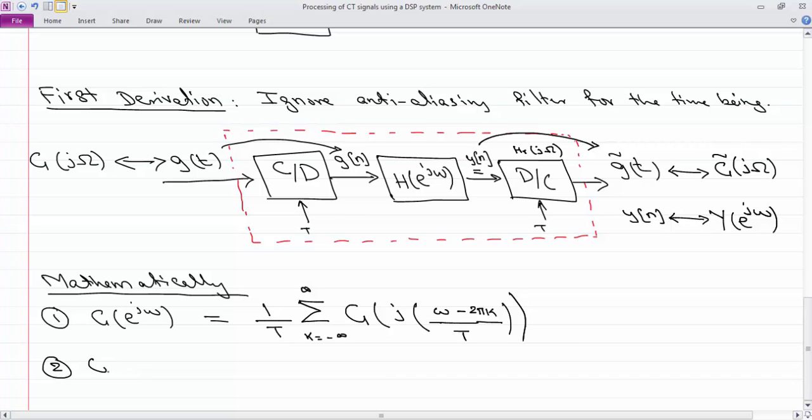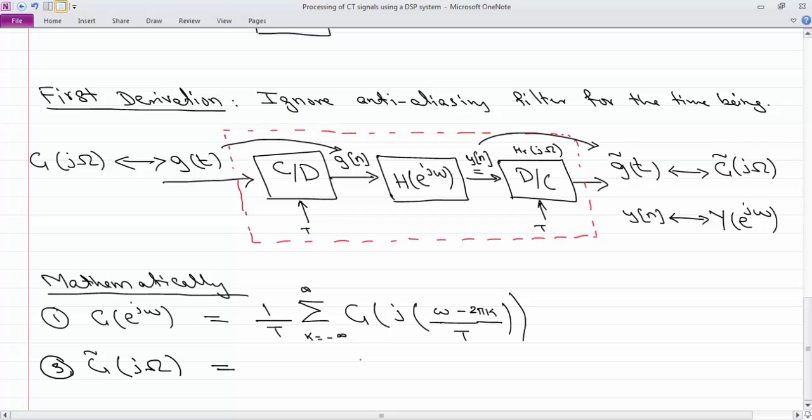So the output frequencies, and let me call this 3 because this is the third block, but we are doing it because we already know the answer to this part. G tilde of j omega is related to, the first thing, a scaling of the frequency axis, but now the other way.